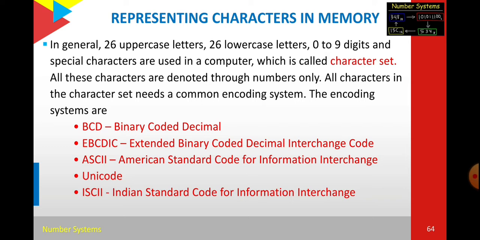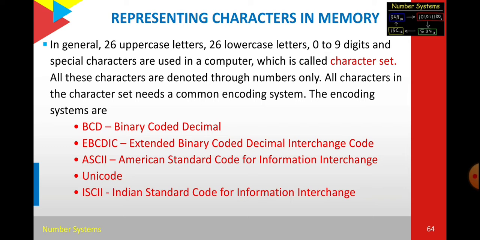Now we are going to discuss the 5 encoding systems given in your book: BCD, Binary Coded Decimal; EBCDIC, Extended Binary Coded Decimal Interchange Code; ASCII, American Standard Code for Information Interchange; Unicode, the Universal Coding System; and ISCII, Indian Standard Code for Information Interchange. These are the different encoding systems used in computers.